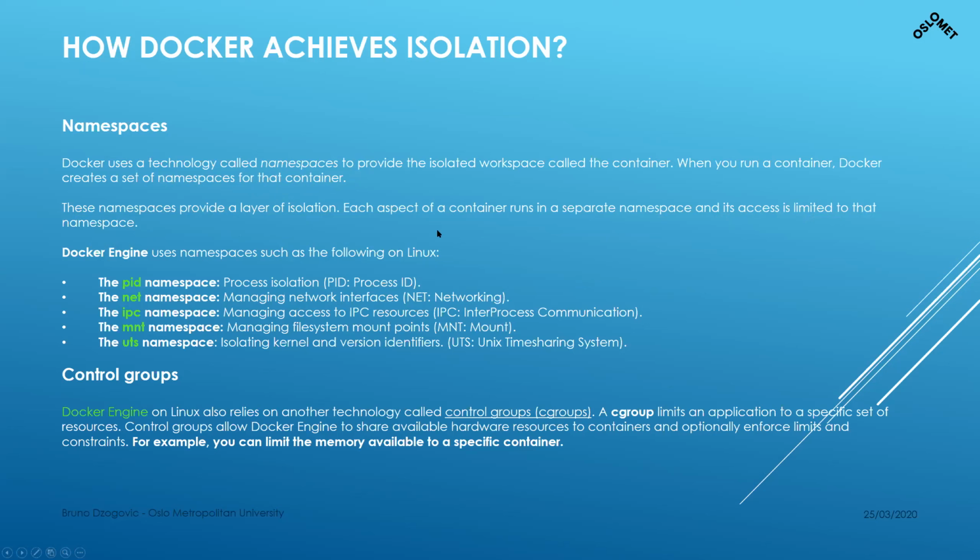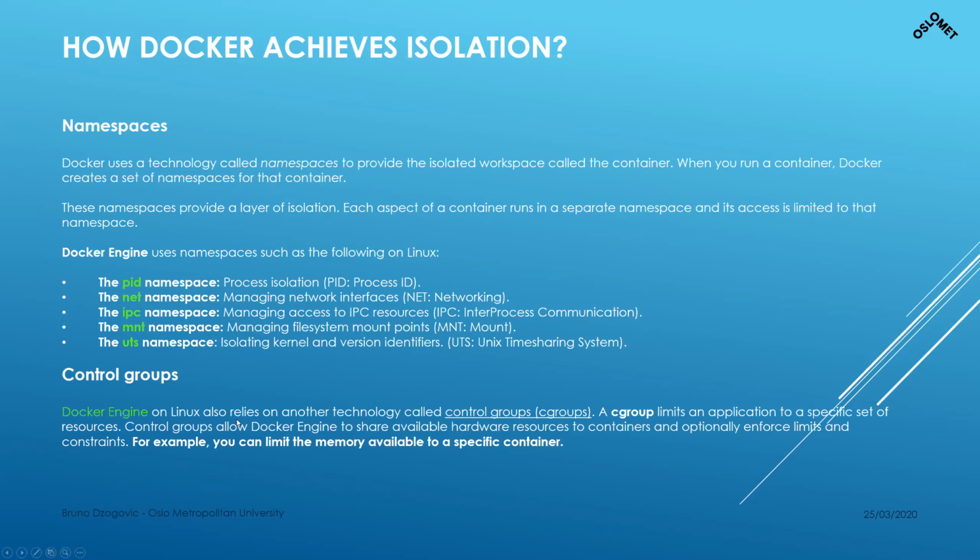So if another container wants to access that namespace, it will need to have a lot of information for it. So process ID, the network namespace, you have IPC resources, inter-process communication. Then you have mounting file systems, and then you have UTS, which is Unix Time Sharing system. So there's stuff like this that allows more granularity of control.